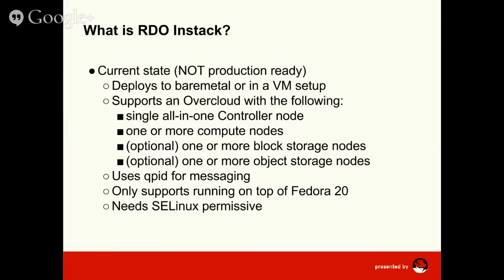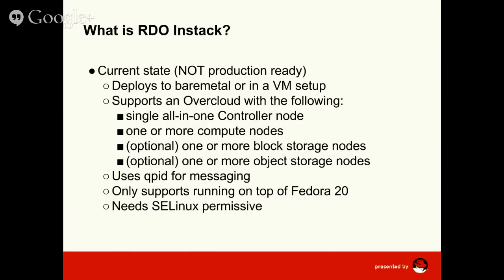The current state is that, first off, it's not production ready. It's aimed at test deployments and smaller deployments, not aimed at trying to deploy a production OpenStack cloud at the moment, though that is obviously our ultimate goal. It will let you deploy either to multiple bare metal machines or a single host that has multiple VMs installed on it.